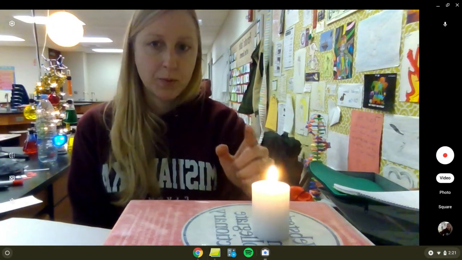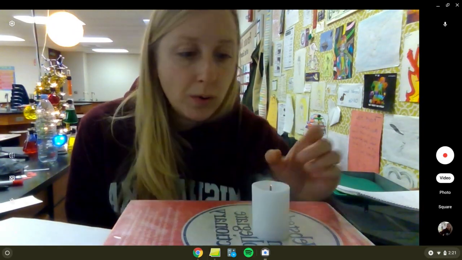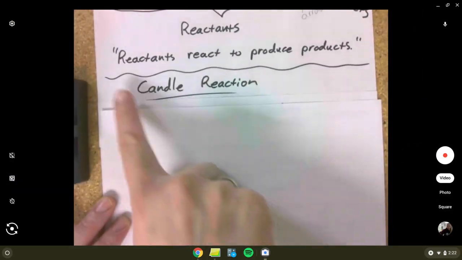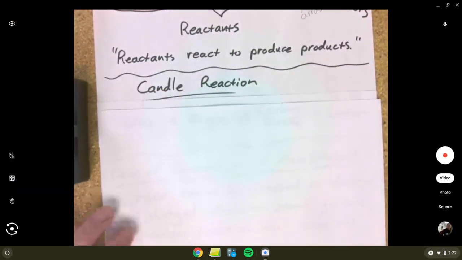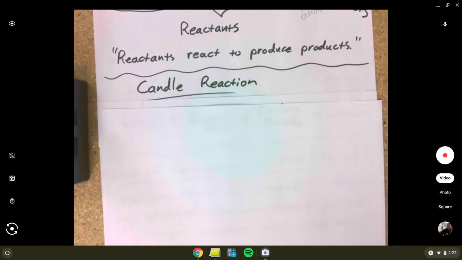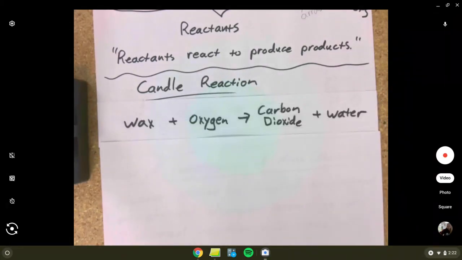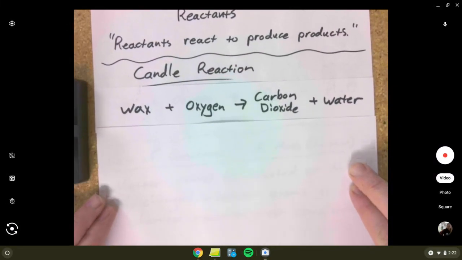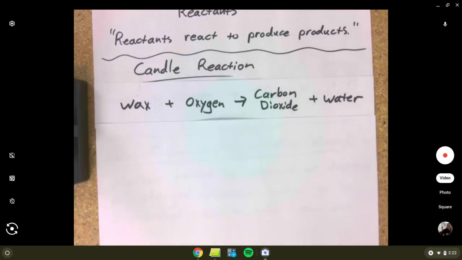So I'm going to put the candle out and we're going to write that down. I put a squiggly line here to indicate a separation of ideas. And next I wrote down candle reaction because that was the next thing that we needed to talk about. And I want you to write down wax plus oxygen becomes carbon dioxide plus water.